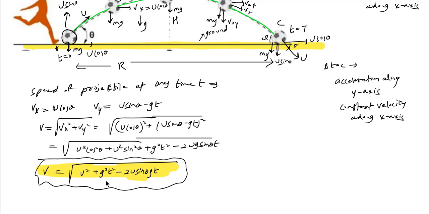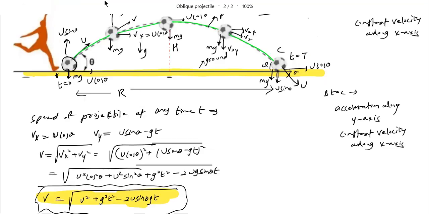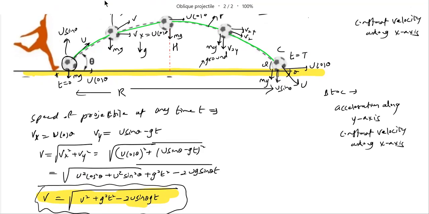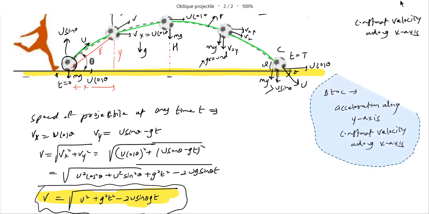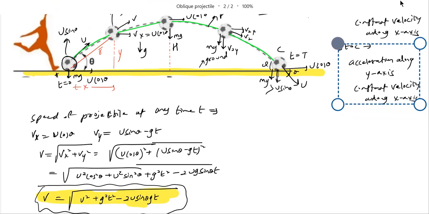Afterwards, the position vector. The position vector means this one. This will be y. This will be x. The position vector we define like this, R bar. So how do we get the position vector R bar, or what is that position vector?